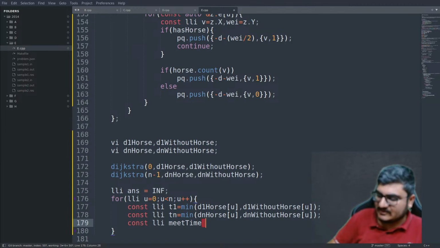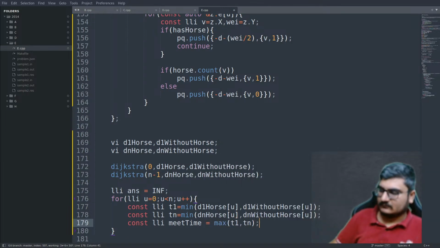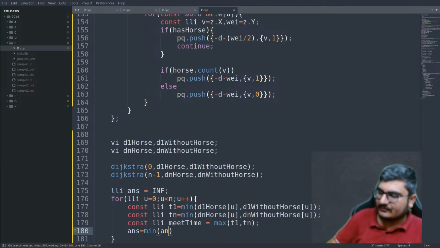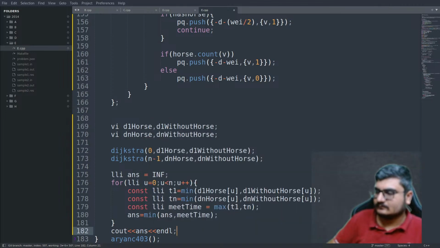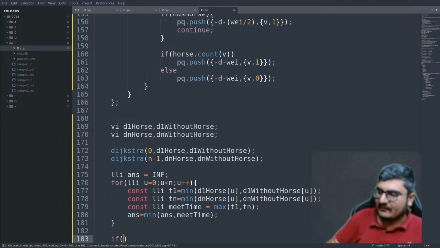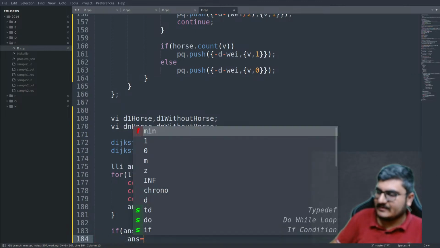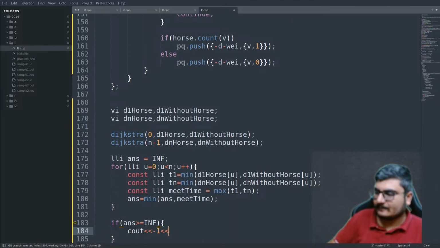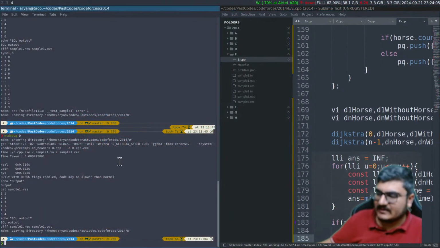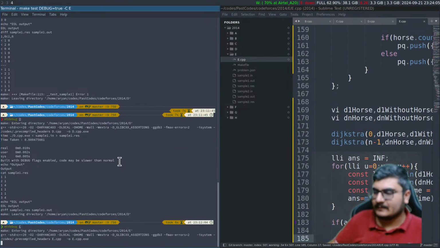Meet time would be the maximum of whoever comes late, and our answer would be the minimum of all the answers so far and whatever meet time we have. If we never meet, print minus 1, the meeting is cancelled. This ends up being the solution for problem E.